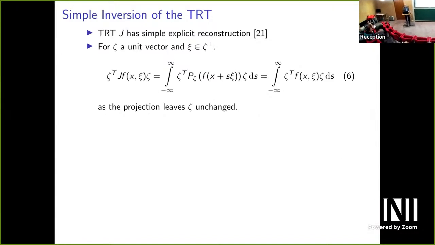There's a really simple way to invert J, the transverse transform, which I'd like to explain. It's in Sharafutdinov's book, and it's relatively simple, actually. What you do is you think of it plane by plane. It's natural to do that in applications anyway, but think of just lines in one plane.